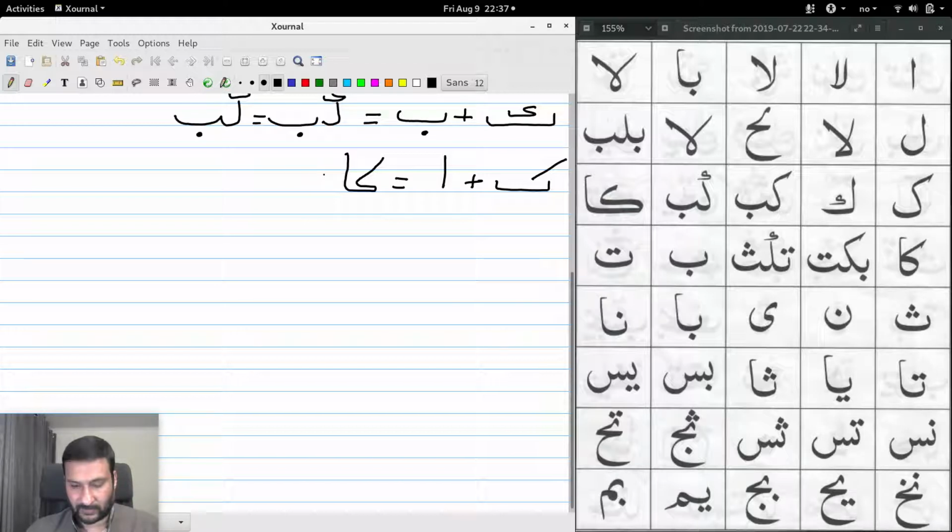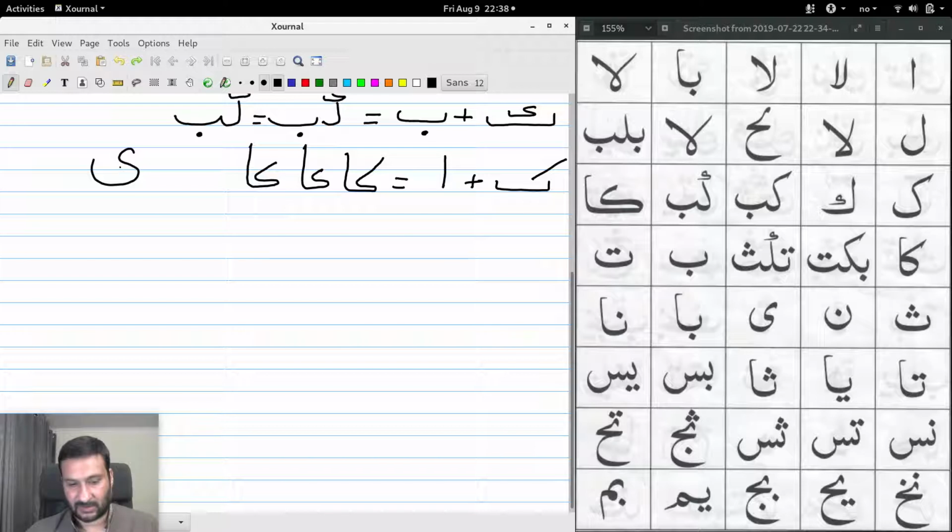So let's write once again. This is kaf alif. This part could be longer or shorter, it depends. So this is kaf alif. It looks like a yeh, this part, but it is not.